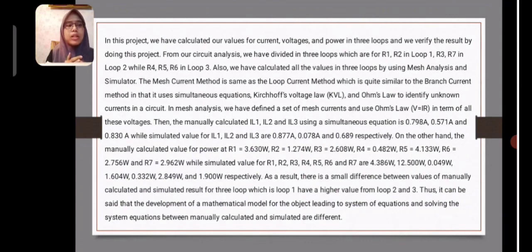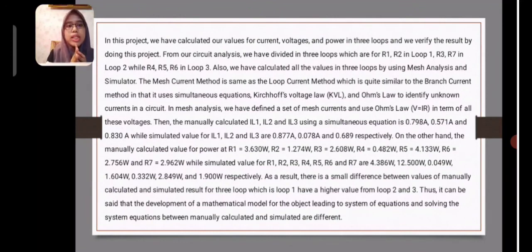Mesh analysis, or what we call the mesh current method, is the same as the loop current method, which is quite similar to the branch current method in that it uses simultaneous equations, Kirchhoff's voltage law and Ohm's law to identify all the unknown currents in a circuit.